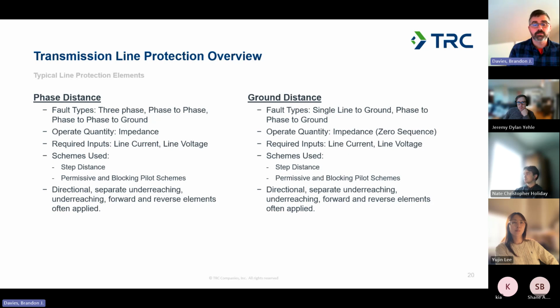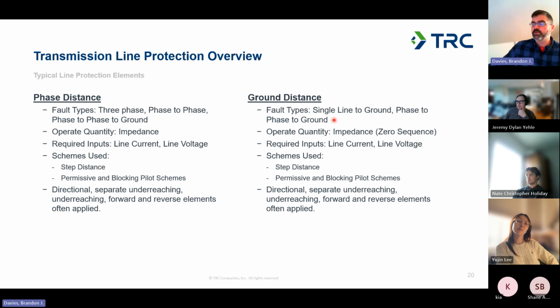And because they're directional, you need to set them as either forward-looking or reverse-looking. Forward-looking means it operates for a fault on the line. Reverse-looking means it would look behind you for faults in the system behind you. So generally, there's some mix of all of that stuff applied, and we'll talk about some of these schemes over the next few classes.